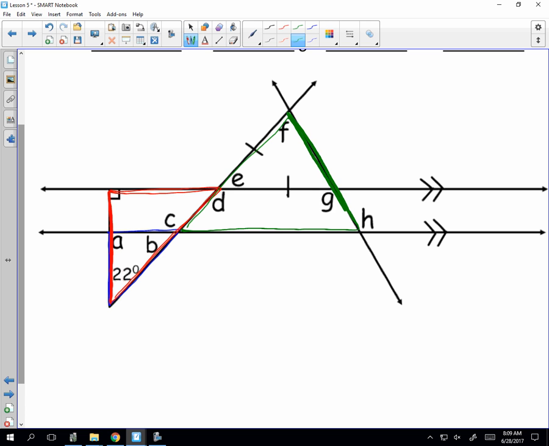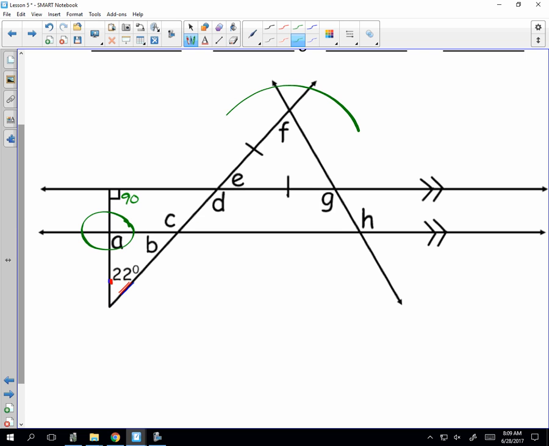So you always want to look at and see what triangle can I make, what parallel lines can I work with, and am I given any other important information? Some of the important information that you're given in this diagram is this 90-degree angle. Because if that's 90, that helps us with all of our angles down here as well.